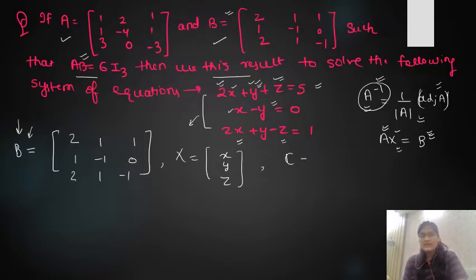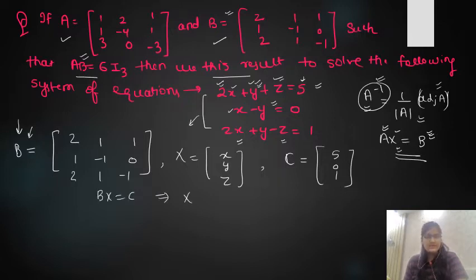So let's say that is C. So these constant terms will form the C column matrix, okay? Now you have everything. What you need to apply is this formula. So BX is equal to C, which means X will become B inverse C. So when B goes to the right hand side, it will form B inverse.